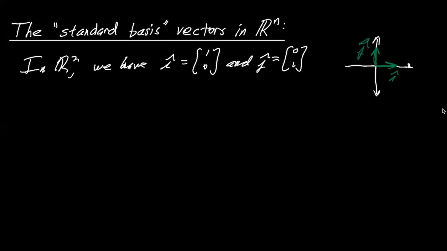These are the standard vectors that we base everything off of, because it's easy to write every vector in terms of i and j.